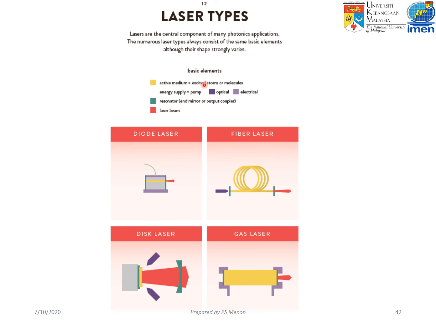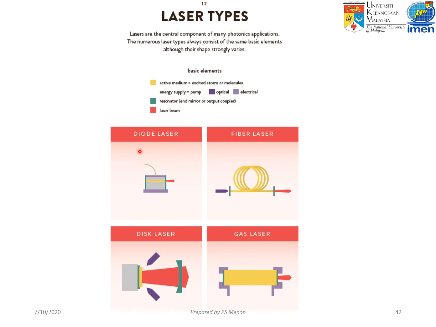It can either be an optical pump, which is based on light, or an electrical pump, which is a source of voltage or current. And then you have the resonator, in green. Resonator means the end mirror and also the output coupler, where light will oscillate between the resonators. It's like a mirror, so two mirrors for light oscillation to occur. And finally, the red color shows the laser beam.